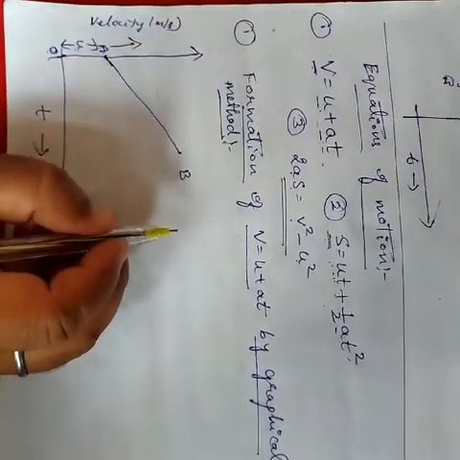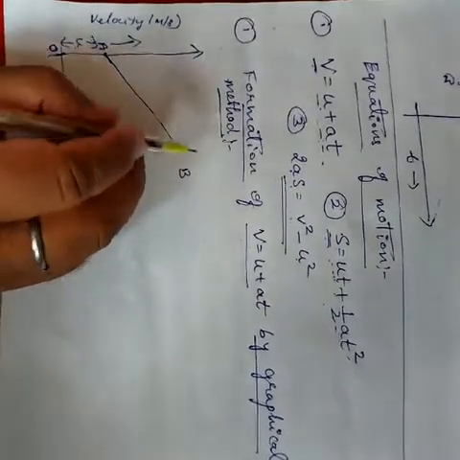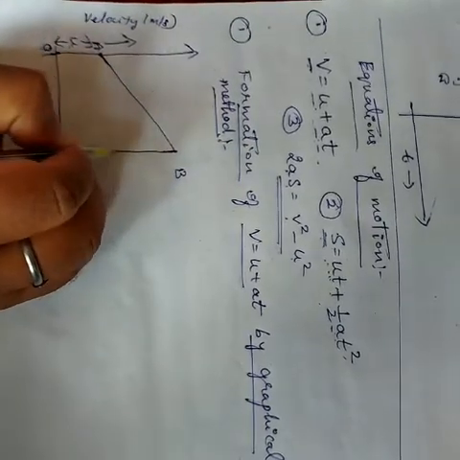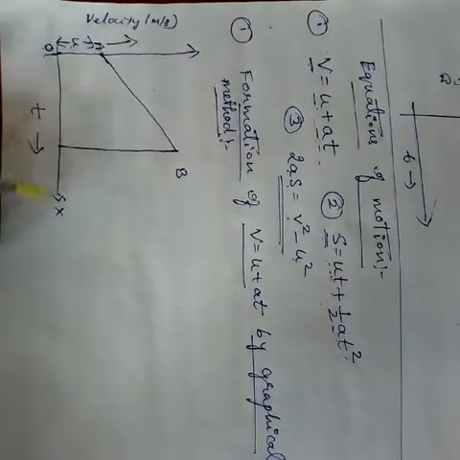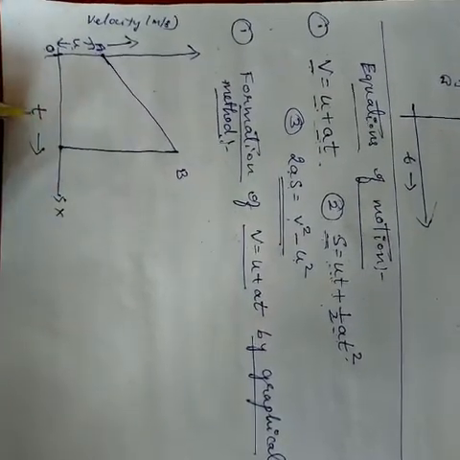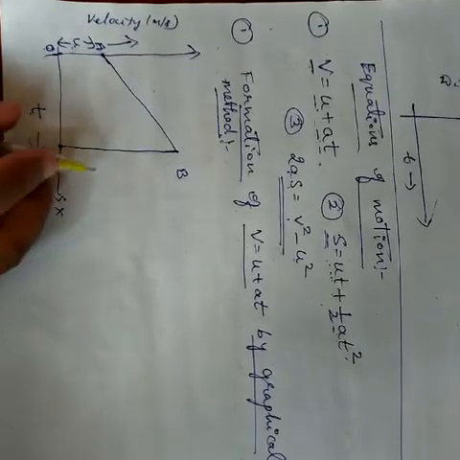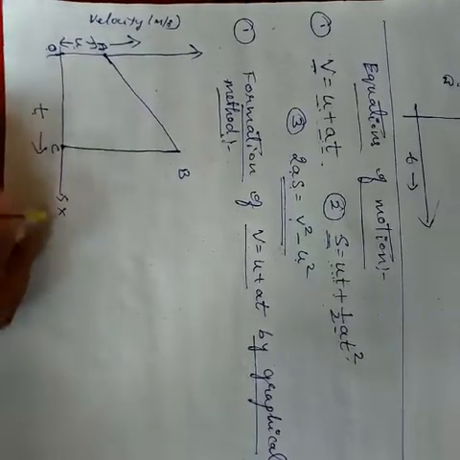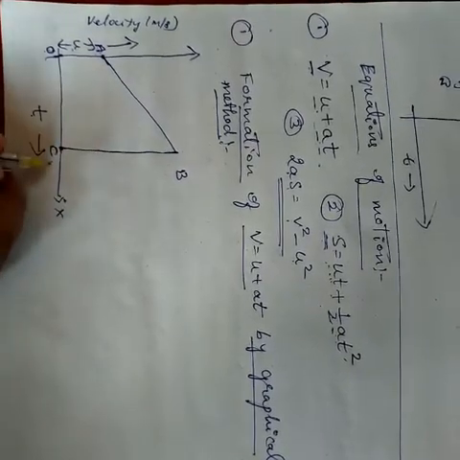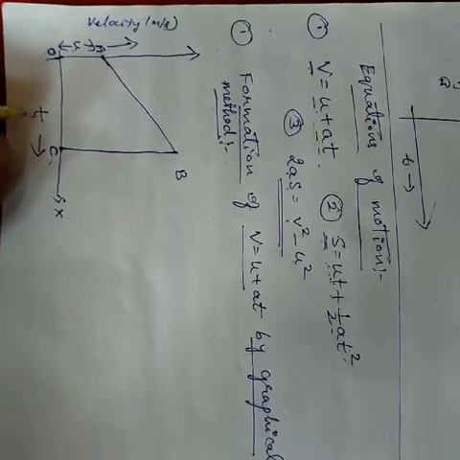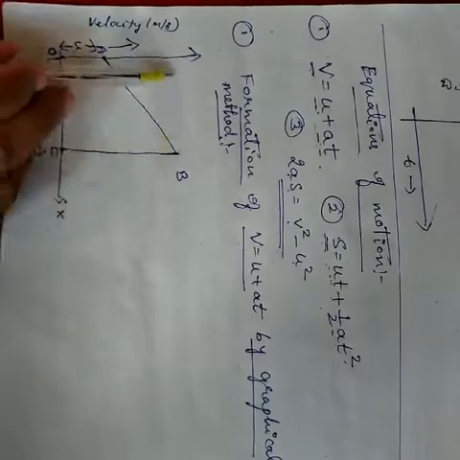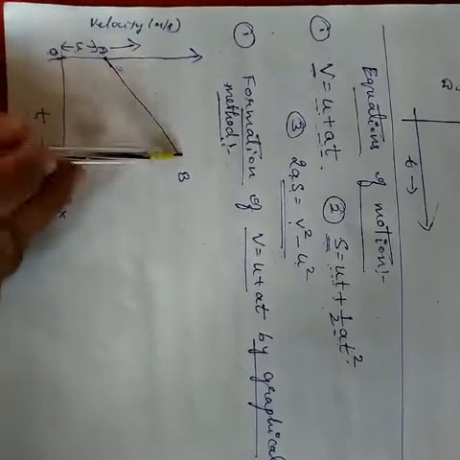Again we draw a perpendicular line. The point on the x-axis within that time t is another point, the C point. OC shows the time taken, and AB shows the change in velocity.